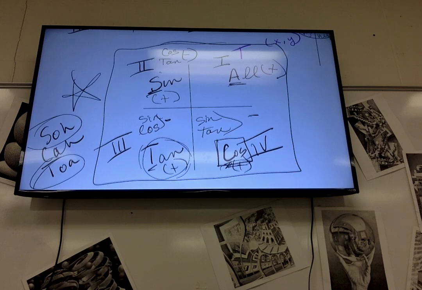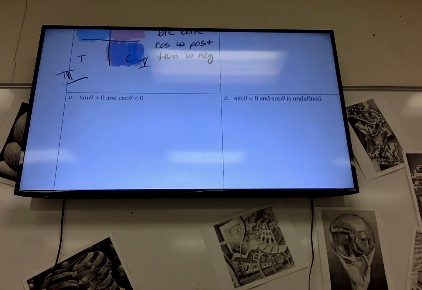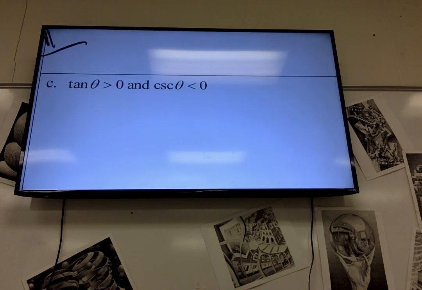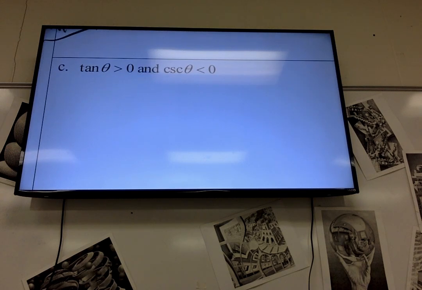And so on. So for example, this next one, it says tangent, which we can figure out, and then cosecant. We don't have one for cosecant. But cosecant is the reciprocal of what? Sine. Cosecant and sine are reciprocals.